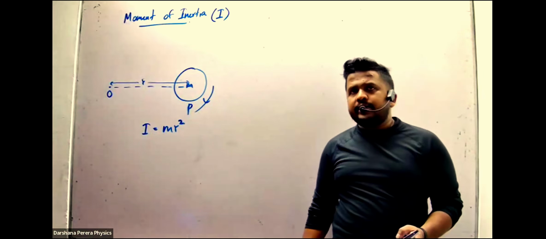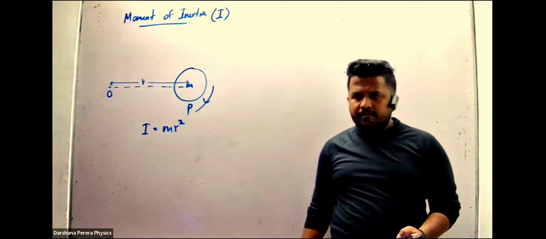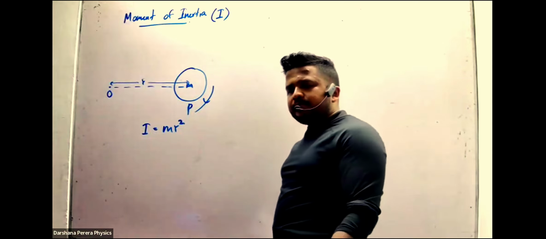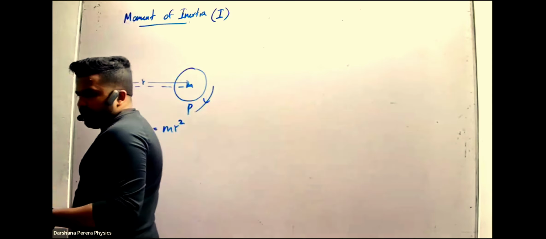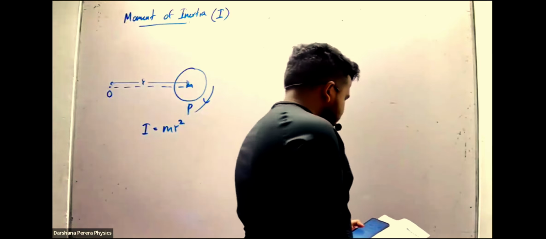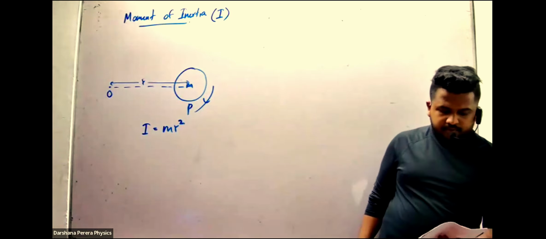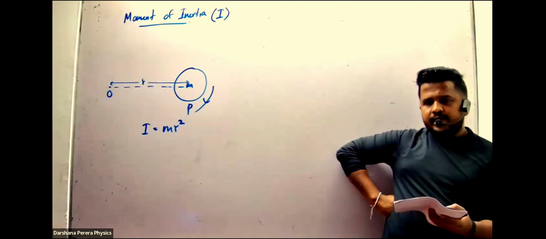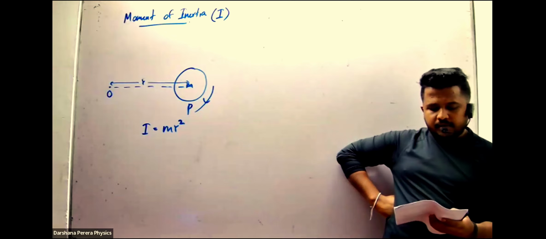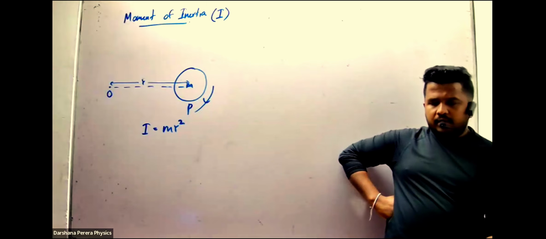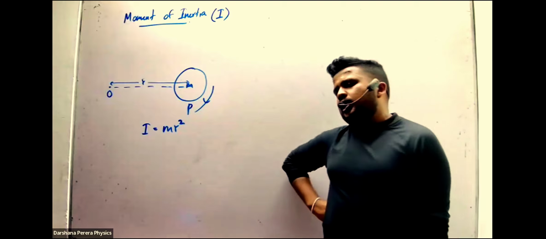Let a particle P having a mass m rotate in a circular path with radius r.